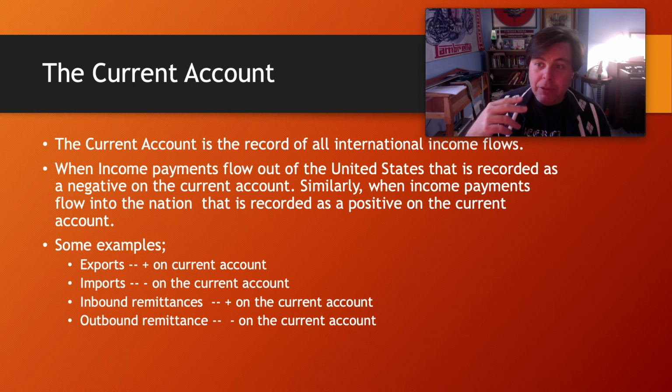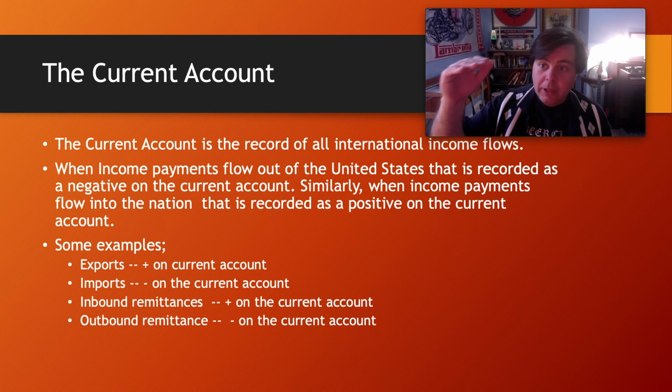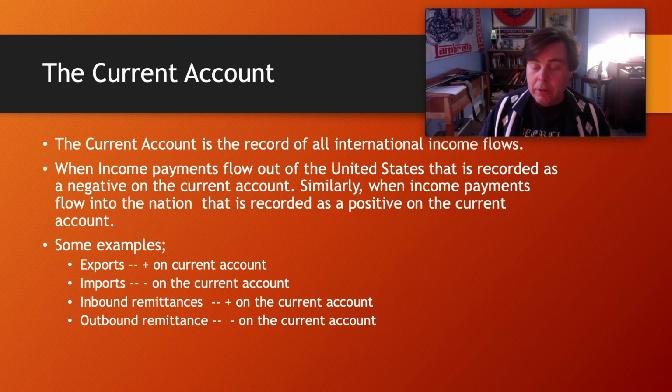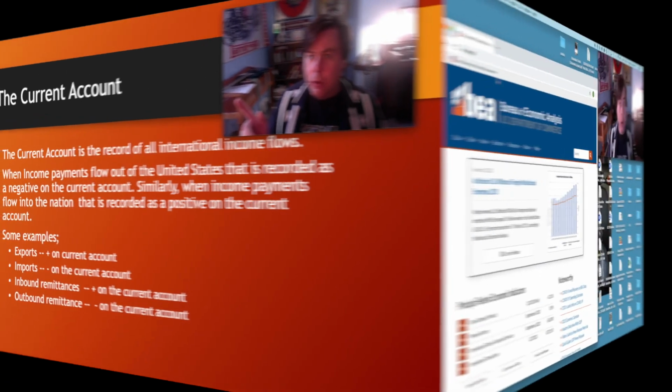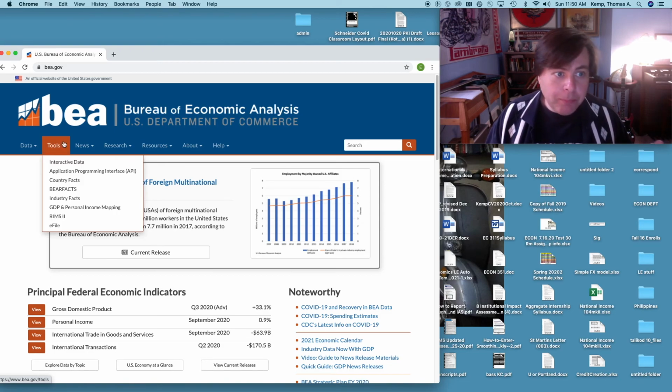Other examples of types of income flows here, I have remittances, right? There's a handful of others. At the BEA site, you can actually see each of them listed very quickly. Actually, you know what? Let's go there right now. BEA.gov very quickly. So there's a tremendous amount of data about the U.S. economy available at this website, and this is our job.